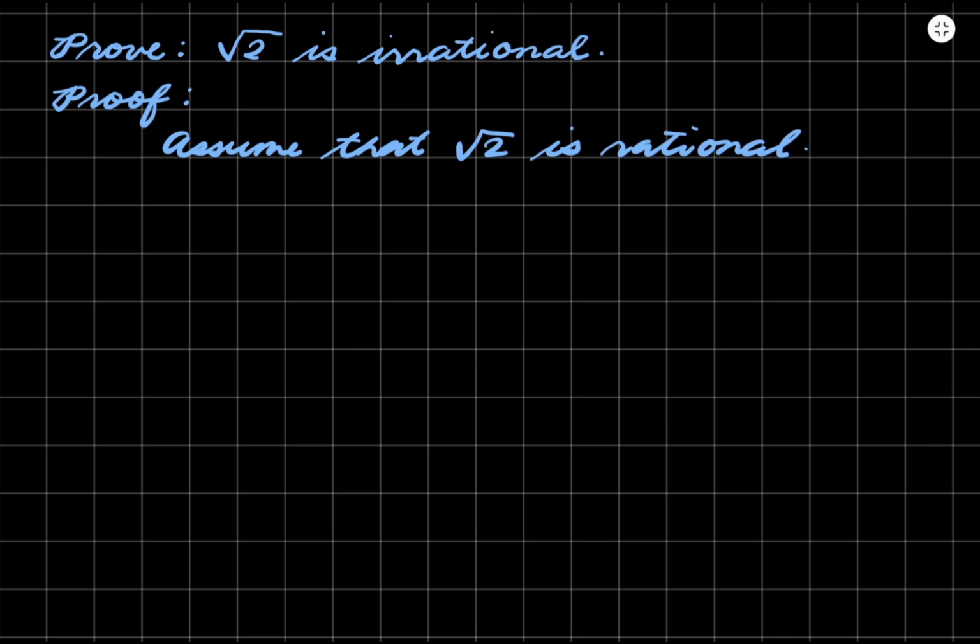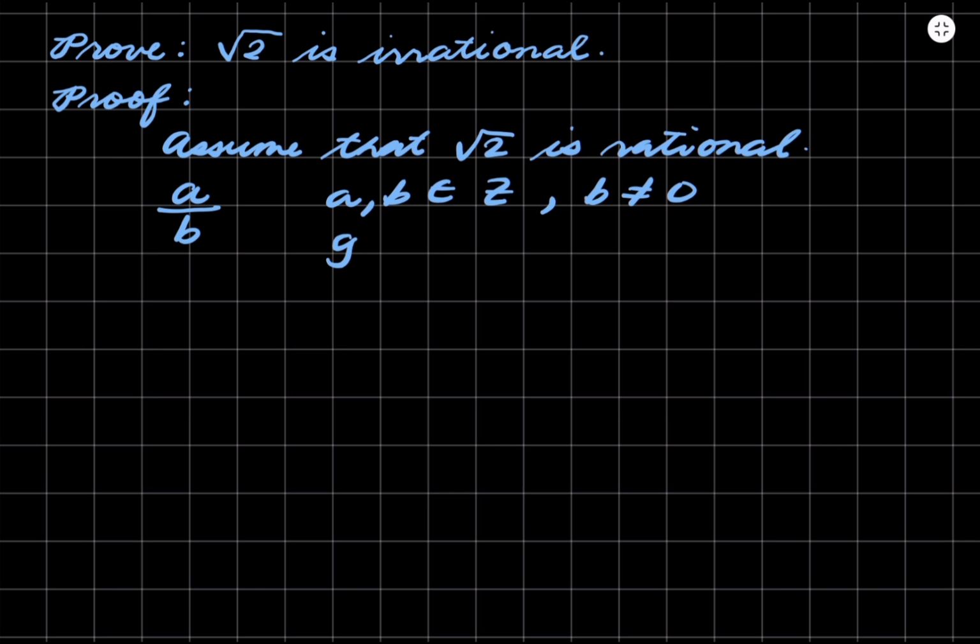So now we need to recall the meaning of a rational number. Remember what a rational number is? A rational number can be written as the ratio of two integers, say a divided by b. So a and b are integers, and b must not be equal to 0, since if b is equal to 0, this ratio becomes undefined.